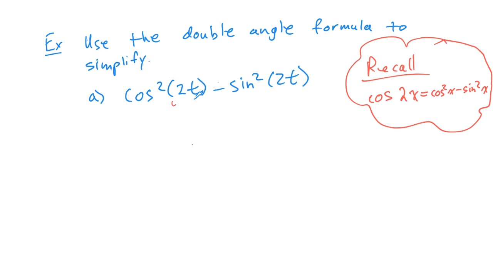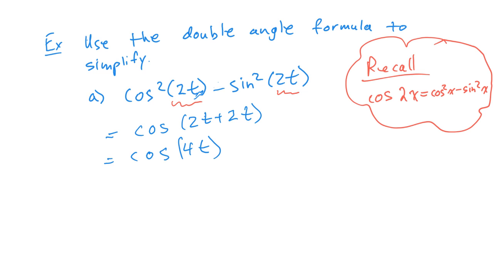So this part and this part is essentially doubled at the front of cosine. So here's what we end up having. The left side of the equation is that. Going back to the original, we end up with cosine of 2t plus 2t, which gives us the cosine of 4t.